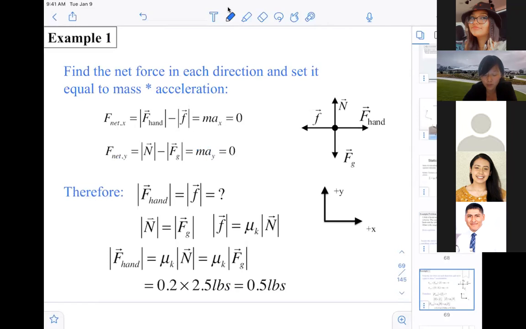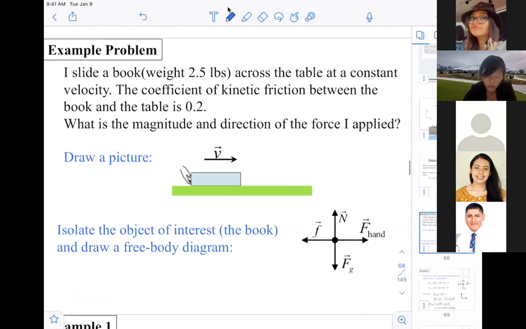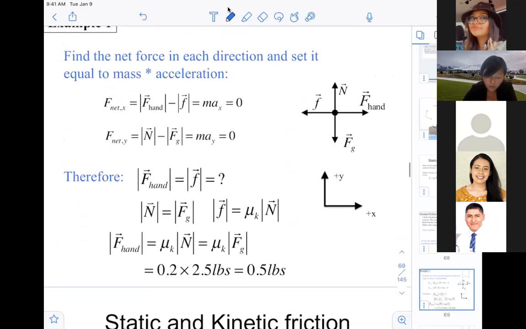The normal force has already been calculated, equal to the weight of the book, 2.5 pounds. You multiply that by the coefficient, which is given to you, describing how rough the surface between the book and table is, 0.2. So 0.2 times 2.5 pounds gives you half a pound. So that is the force you provide from your hand.